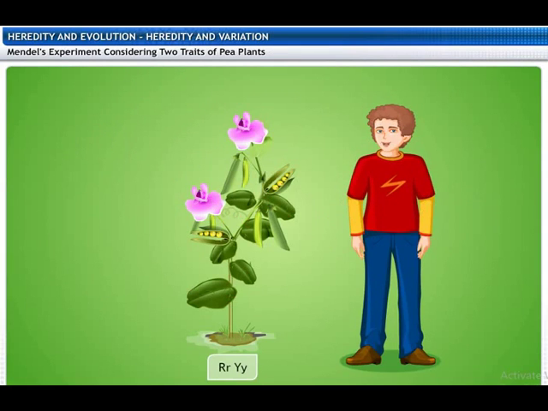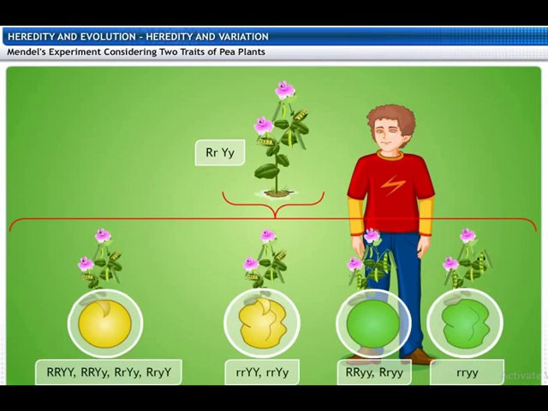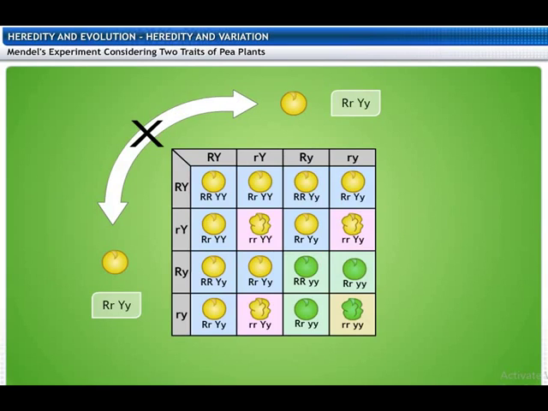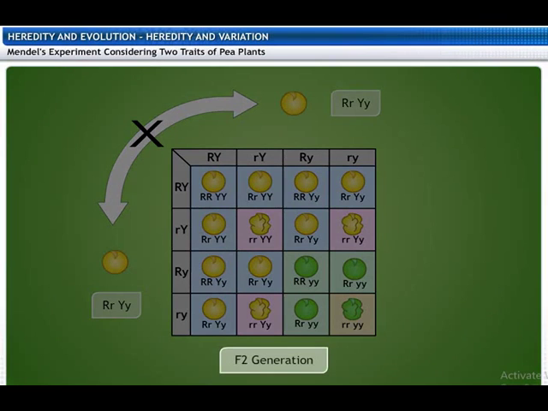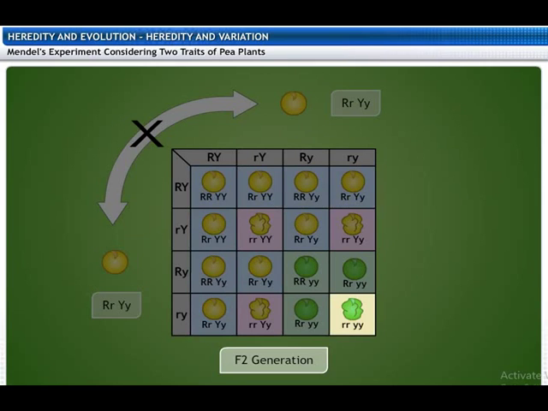What happens when these plants of the F1 progeny are self-pollinated? Mendel found that some plants of the F2 progeny were similar to their parents and produced round yellow seeds, and some of them produced wrinkled green seeds.